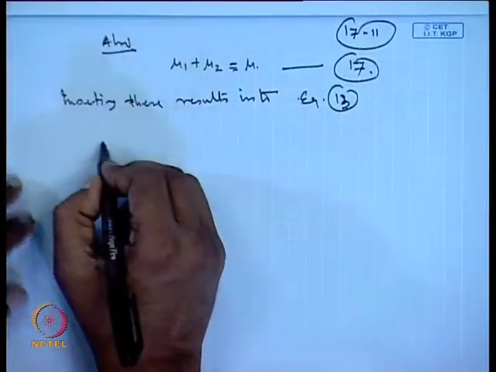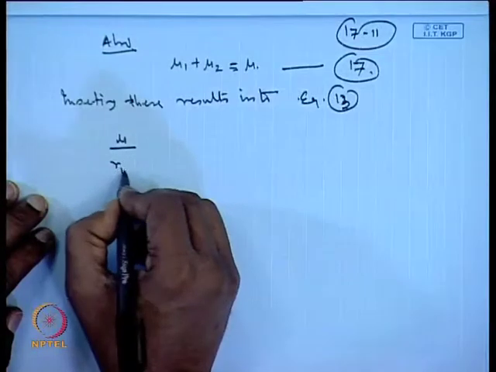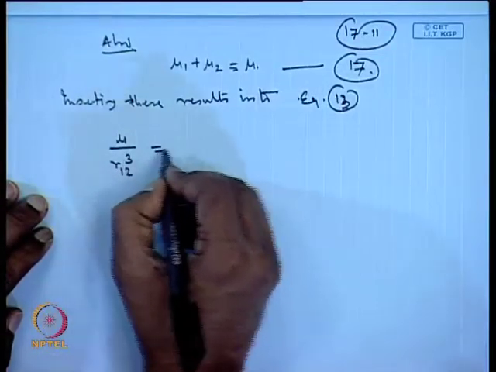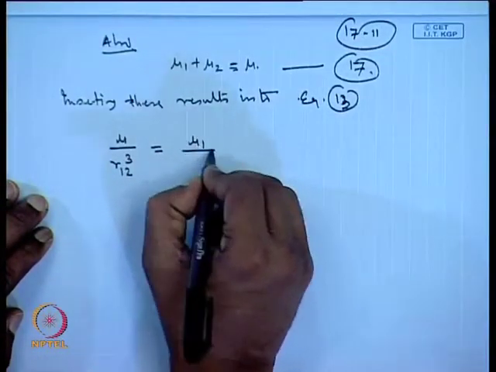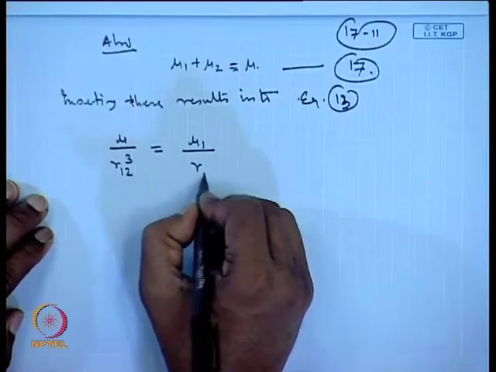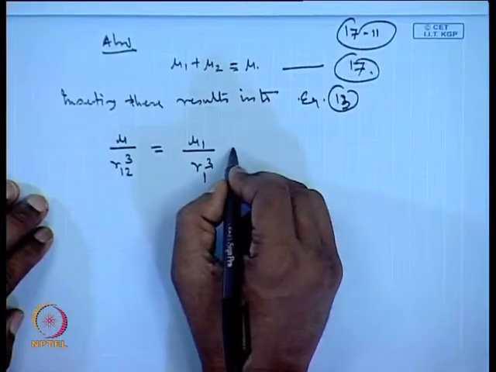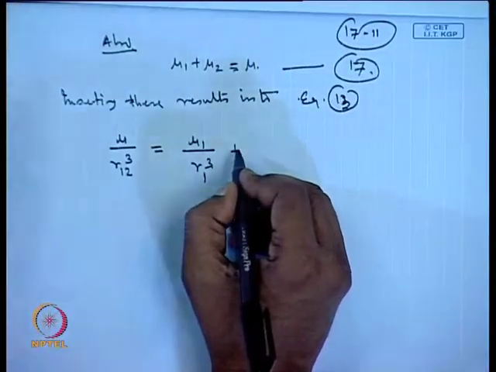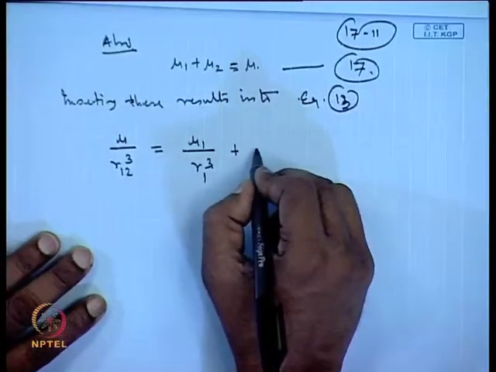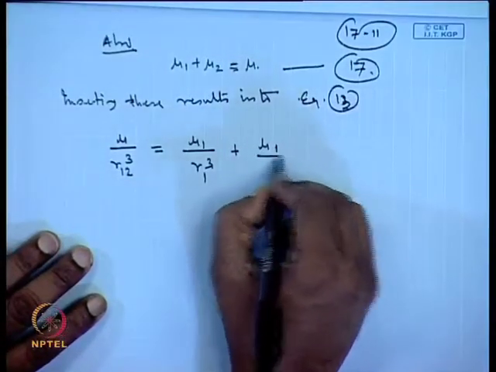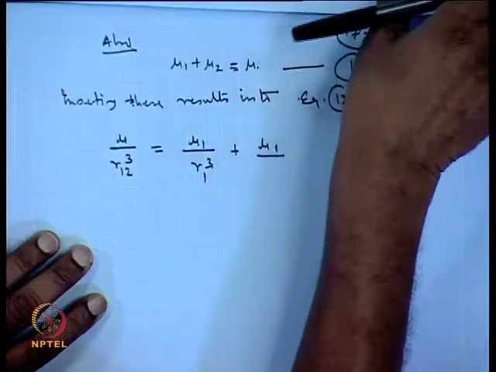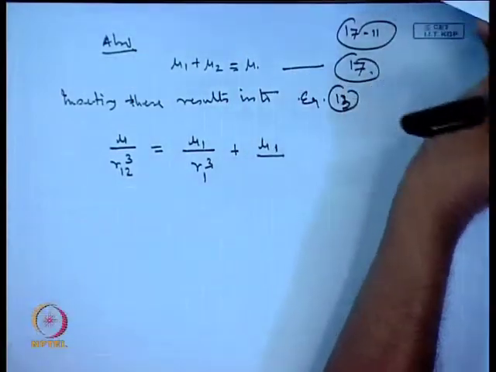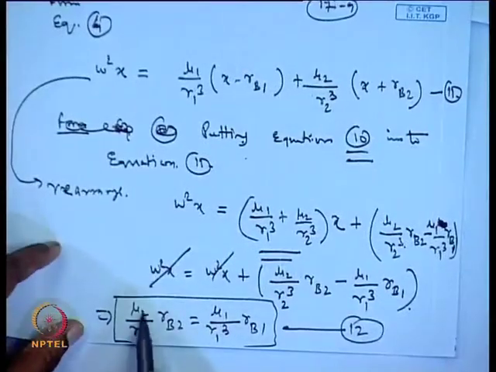Okay, so, we will have mu by r 1 2 whole cube equal to mu 1 by r 1 cube plus mu 2 by r 2 cube, and mu 2 by r 2 cube we need to replace. Mu 2 by r 2 cube can be replaced from equation 12.